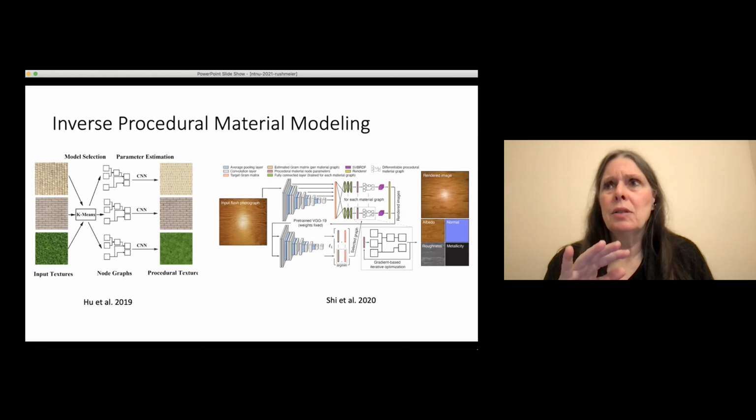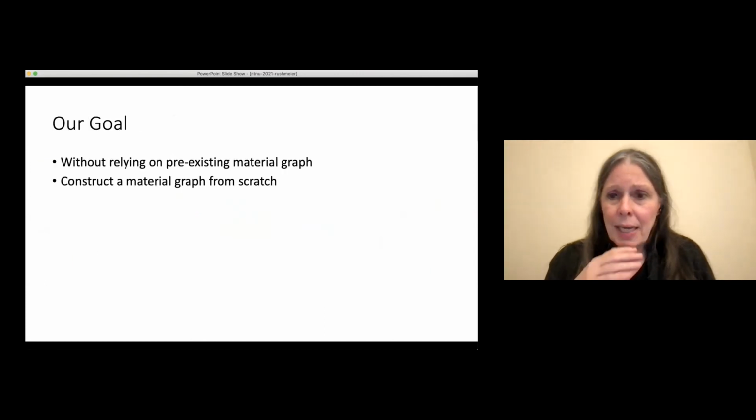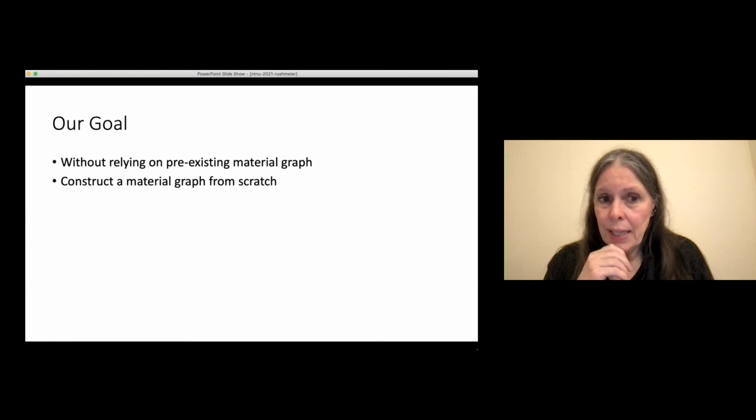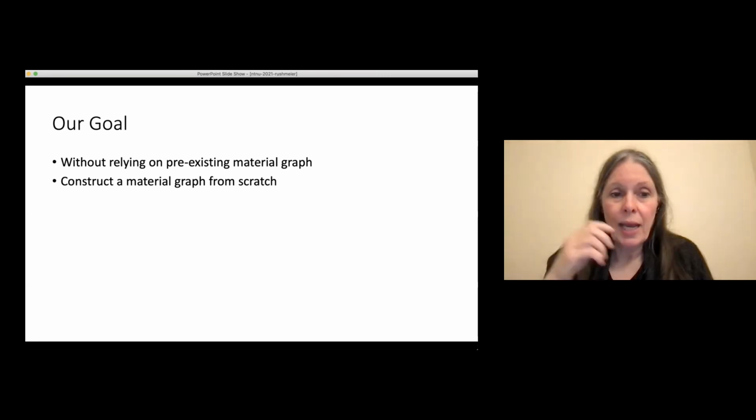But they can only do that for some of the parameters for filters, not for the generators. But what we'd like to do is generate graphs from scratch, not depend on having a library of artist generated node graphs.